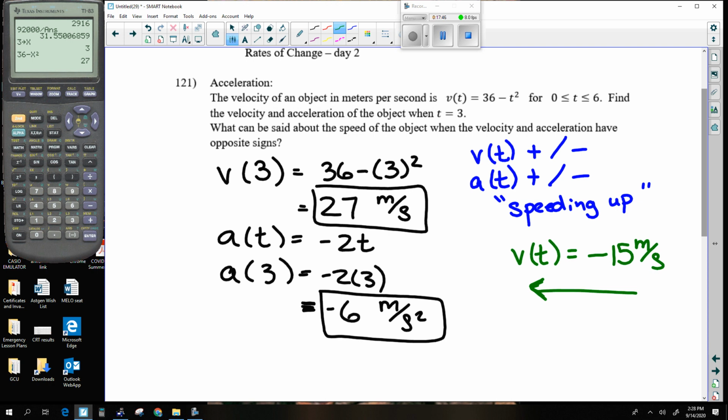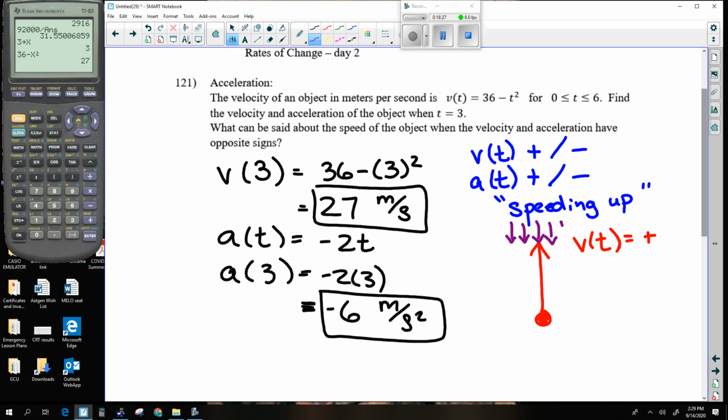Think of acceleration kind of like a force. What is the force working on it? Say, for instance, I throw a ball upwards. As it's moving upwards, its velocity is going to be positive. What forces are being acted on that ball? Well, obviously gravity, which is pulling it downwards.